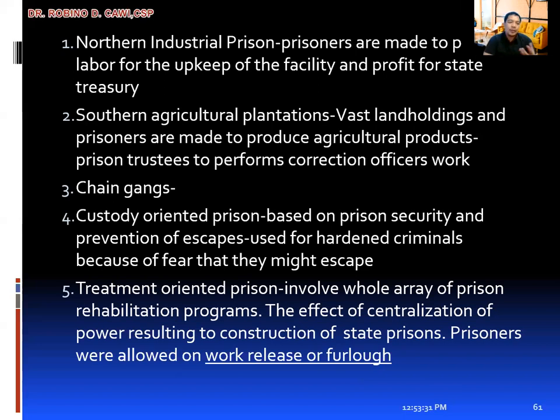Now, when we are talking about the so-called industrial prison, the prisoners are actually being made to perform labor for the upkeep of the facility, and at the same time providing profit for the state.